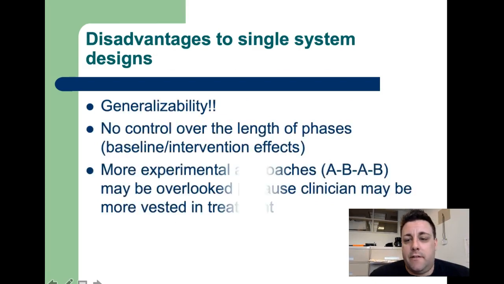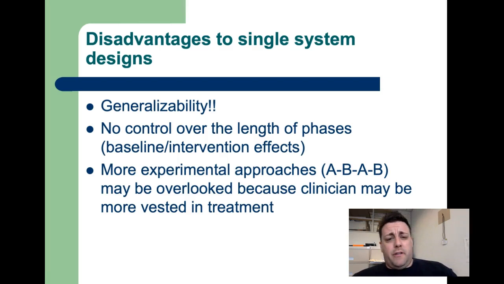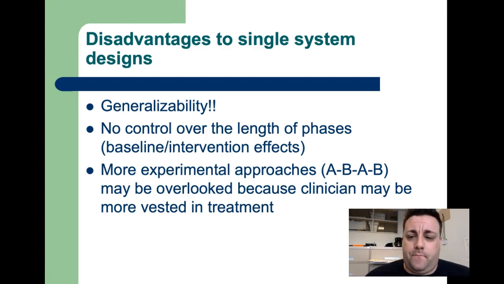But again, the disadvantages, just to highlight these for you, is that there's really no external validity. There's little control over the length of phases. That's often done as a function of what's clinically indicated. And they do have these kind of ethical limitations.